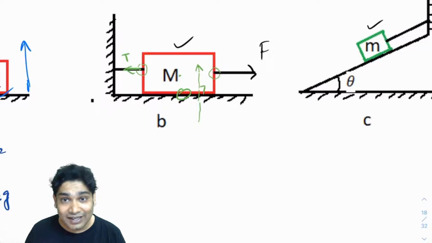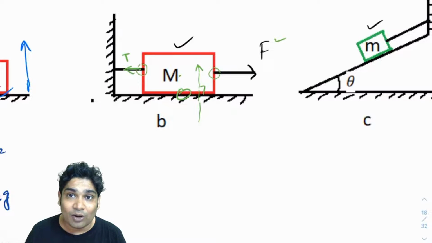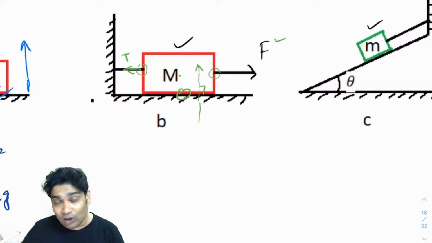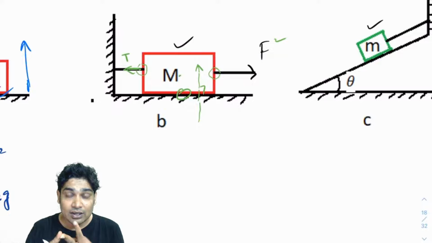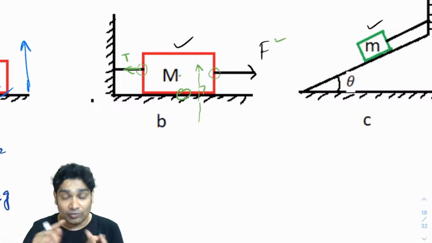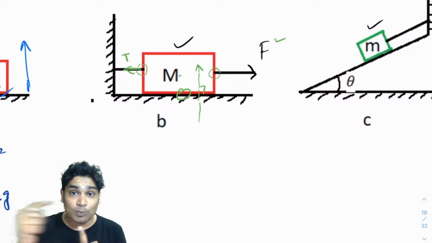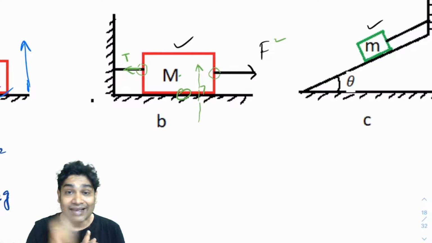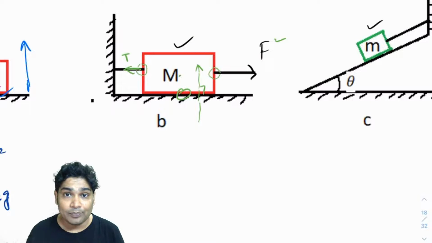This is an external agent applying a force, and the direction and magnitude of this F have already been given. So these are the three contacts that M has: one with the ground, one with a string, and one with an external agent. From the ground, it has N, pushing it along the common normal. From the string, it has T, pulling it along the length of the string. The external agent is pulling it in this direction as shown. Finally, it has gravitational interaction with Earth.